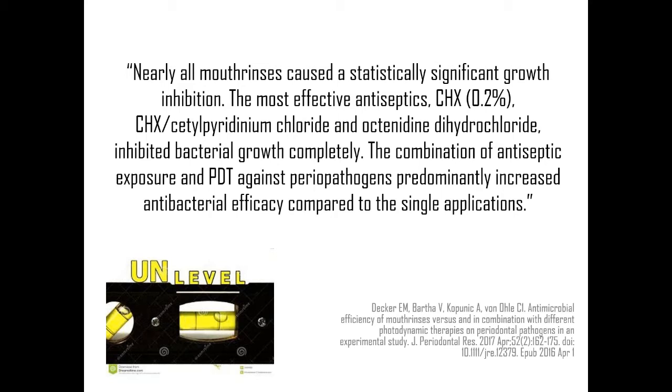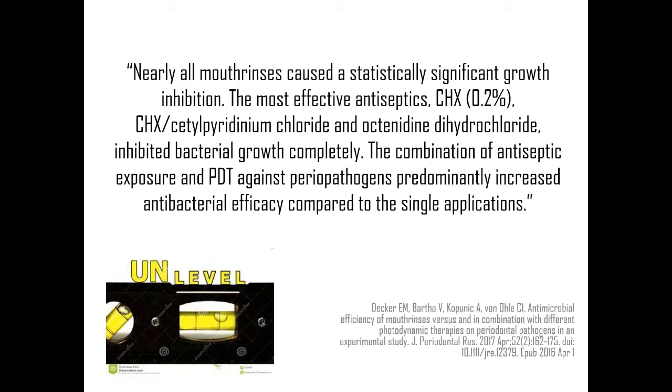They looked at chlorhexidine at 0.2 and 0.06, chlorhexidine plus cetylpyridinium chloride at 0.05, sodium hypochlorite at 0.05%, polyhexanide at 0.04 and 0.1, octenidine dihydrochloride at 0.1, fluoride at 250 parts per million, essential oils, povidone iodine, and saline as the control.